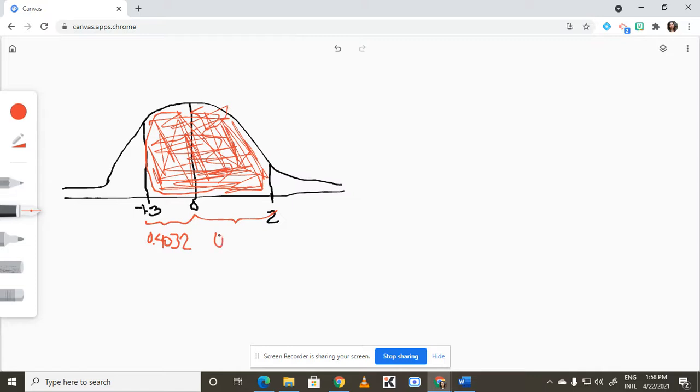So, let's put 0.4772 here. As you can see, they are together, so you just combine them. The notation here is the probability that Z is greater than negative 1.3 but less than 2.